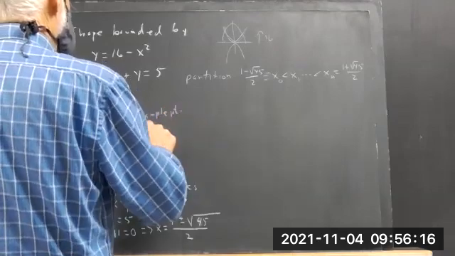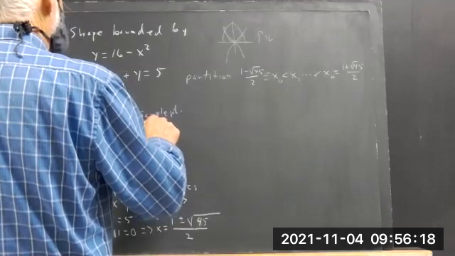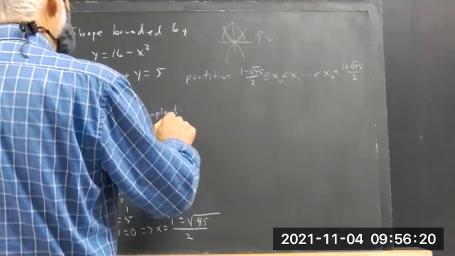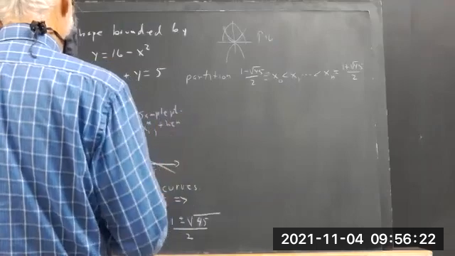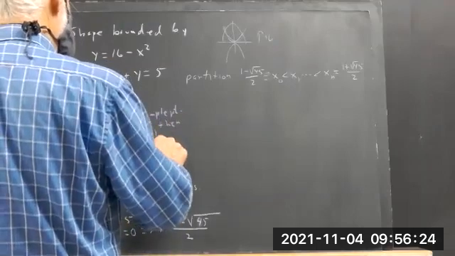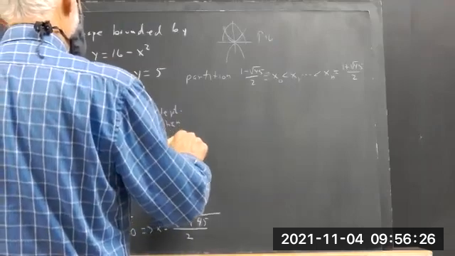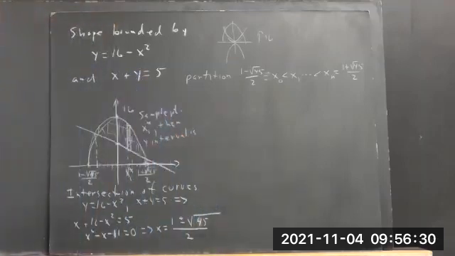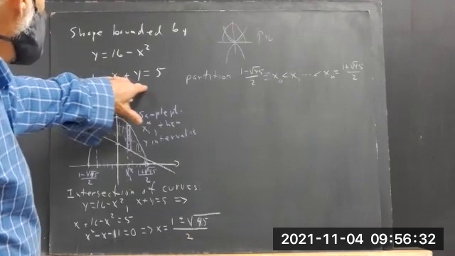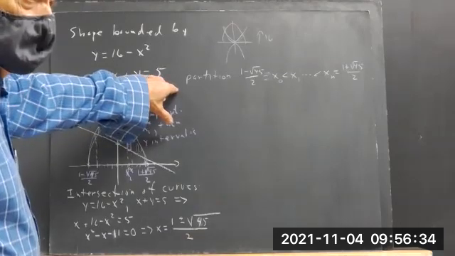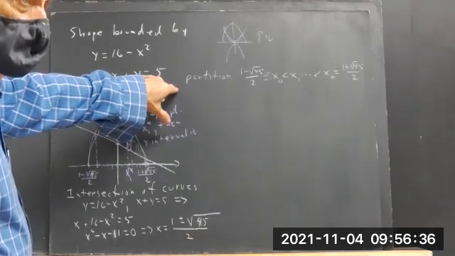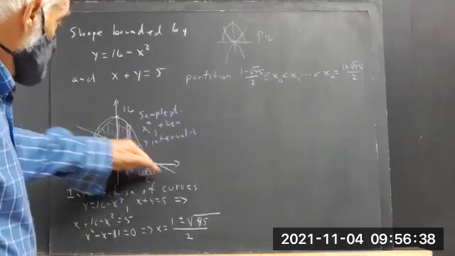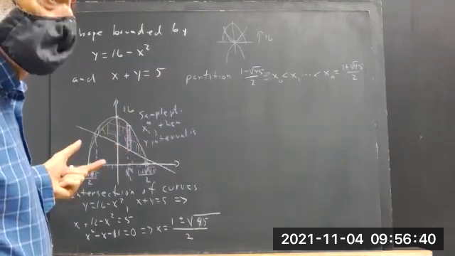So if your sample point is xi star, pretty obvious what your y interval is. y equals 5 minus x, right? In other words, on this straight line, y equals 5 minus x.